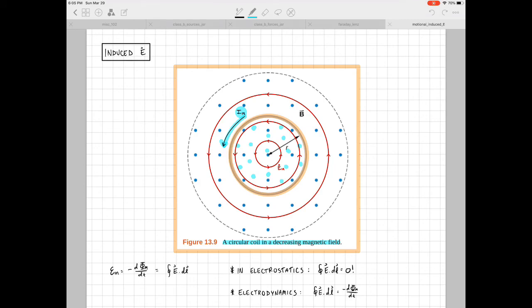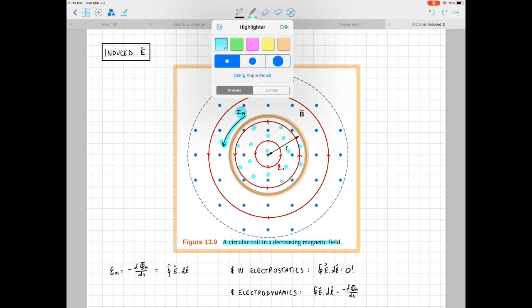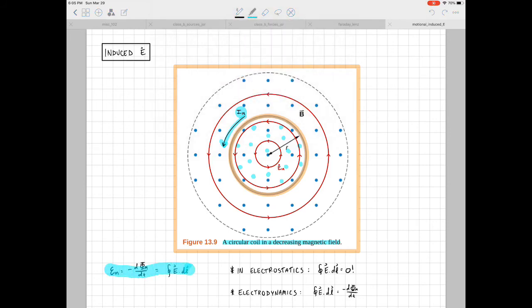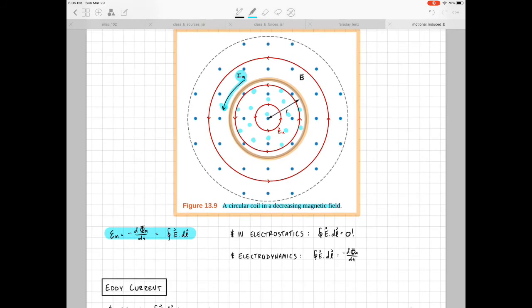We know there's an induced current. The question is, why is there an induced current in the loop? And the really cool thing here is that when the magnetic flux in a region changes, that change in magnetic flux produces an electric field, and it is fundamentally different than the electric field that you get in electrostatics.